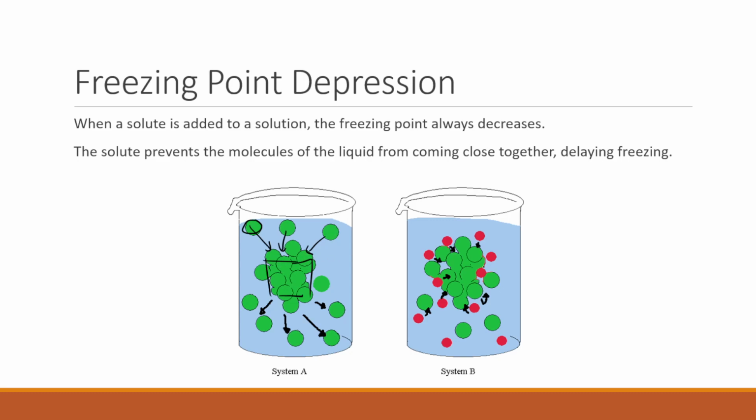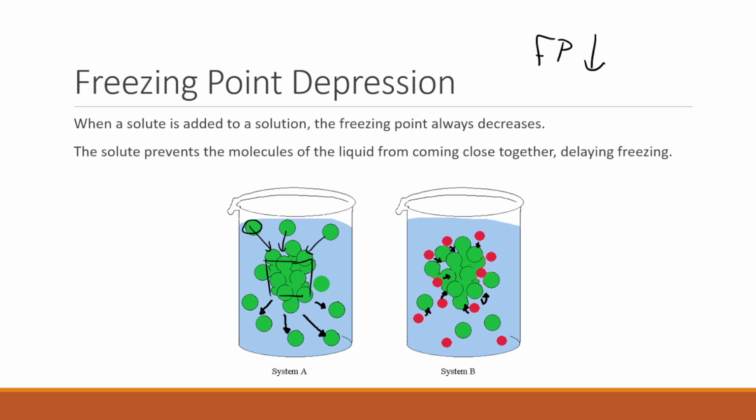Not only does it need to form those rows and columns, it needs to get those ions out of the way. And the fact that it has to get those ions out of the way makes it just that little bit harder. So you need to cool it down even more in order to make this substance freeze. Alright, so freezing point is going to go down if there are ions present in the water. Always, every time.